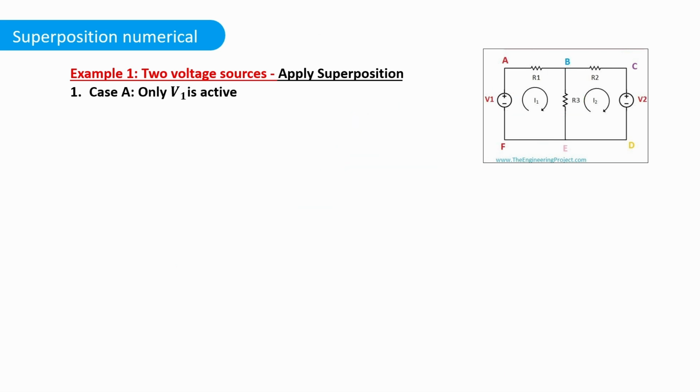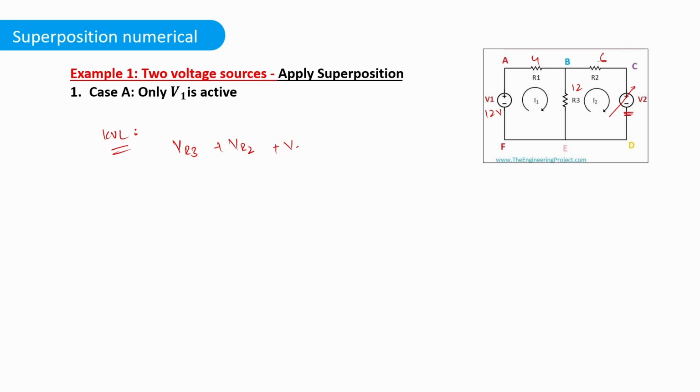In this second loop, while this is short-circuited, so I will use this notation for short-circuited, and this is 4 ohm, this is 6, this is 12, and the input voltage is 12 volts. So the KVL in the second loop will become VR3 plus VR2, and this V2, this does not exist.